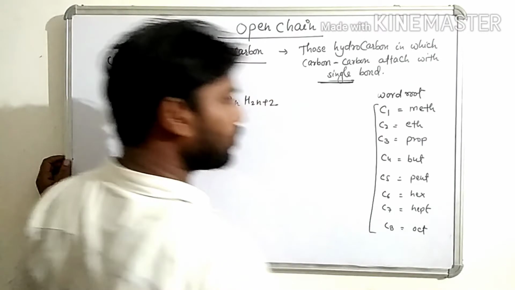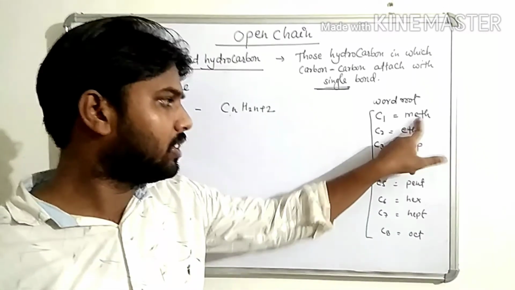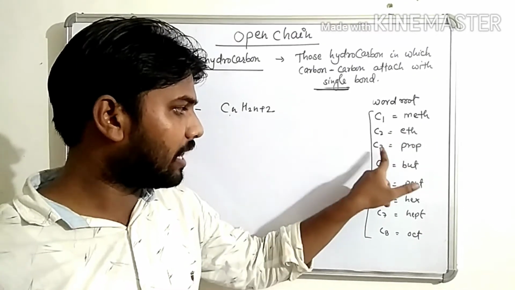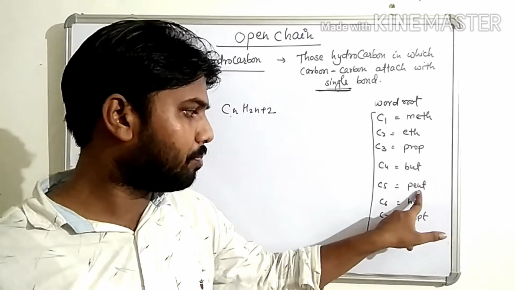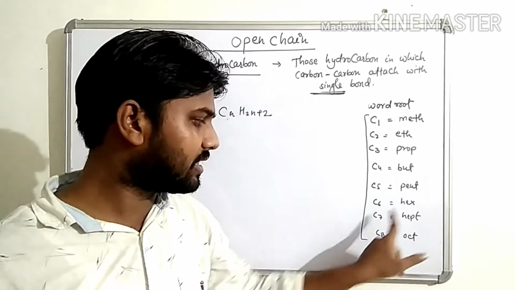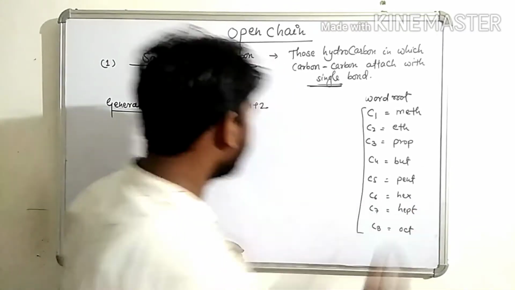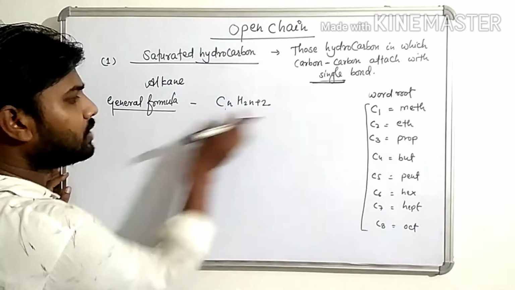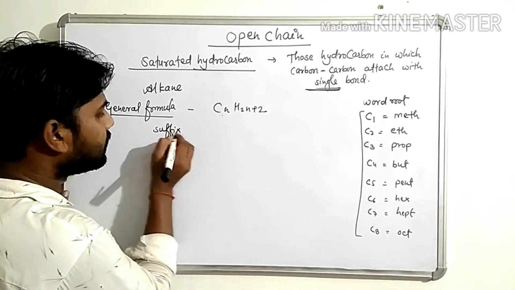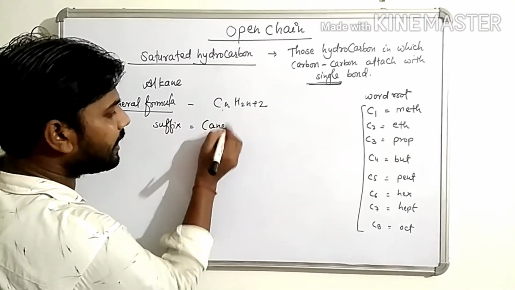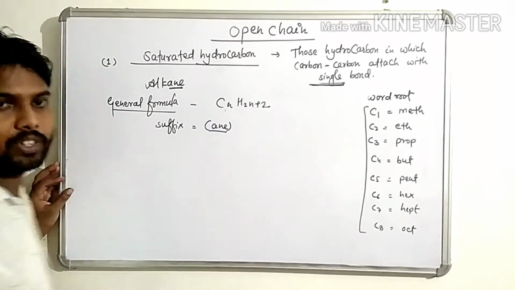These are the word roots, children. The suffix of alkane is ane, the last word will take ane.